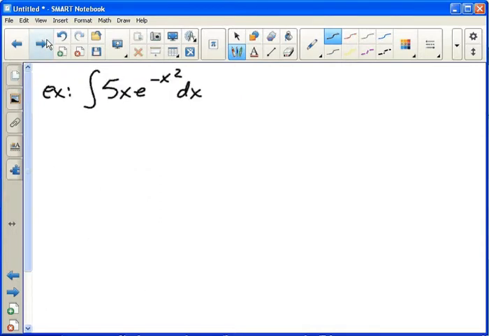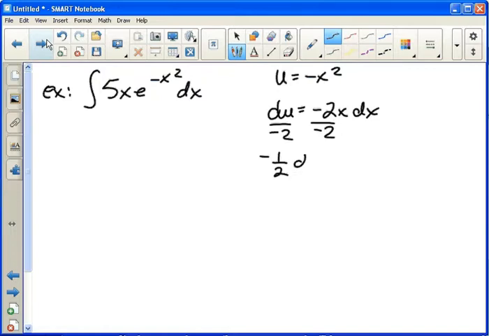Okay, next example, we have 5x e to the negative x squared. Again, there's just one e in this problem, so I'm going to pick u as the exponent, negative x squared. The derivative of that is negative 2x dx. Okay, now this one's a little fuzzier because we have a negative 2 and we want to change it to a 5. So we don't need the negative 2, so divide both sides by negative 2. That gives us negative 1/2 du equals x dx. We do need a 5, however, so multiply both sides by 5, and now it matches.